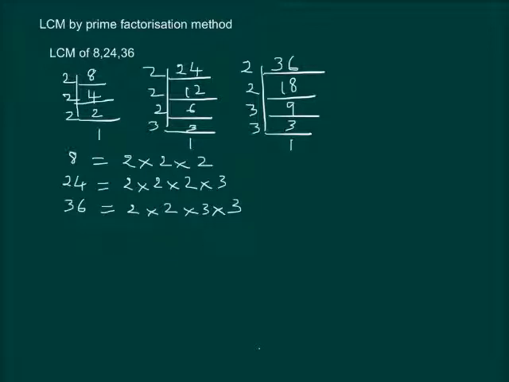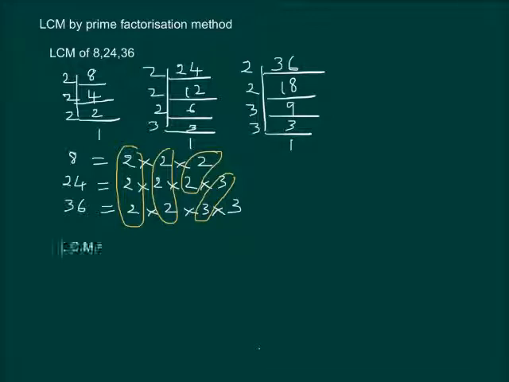Now ring all the common factors. 2 is a common factor, again 2 is a common factor, again 2 is a common factor for 8 and 24, 3 is a common factor for 24 and 36.